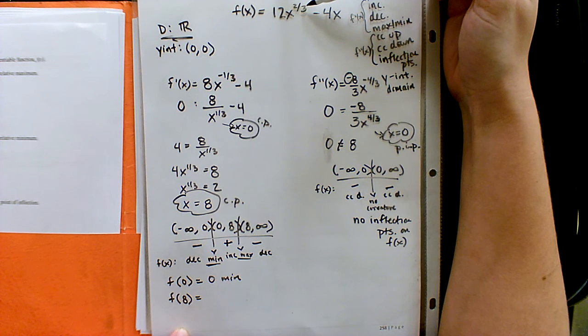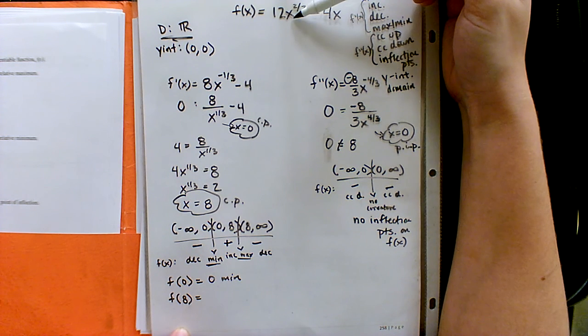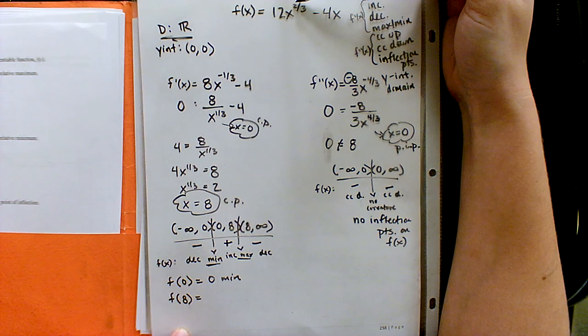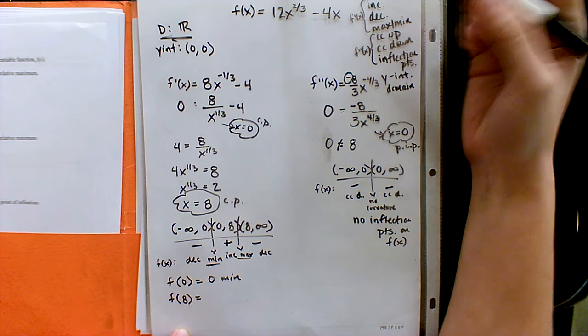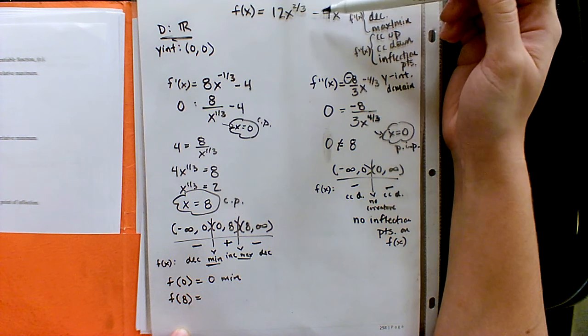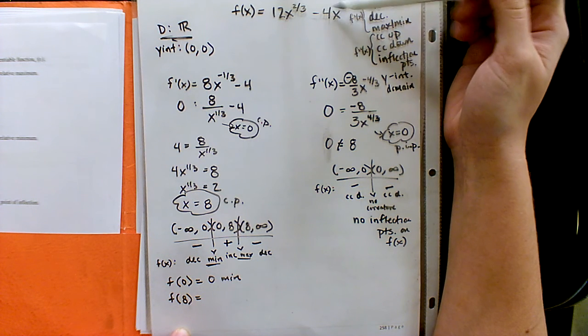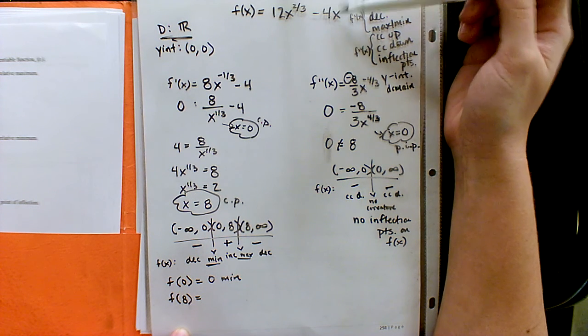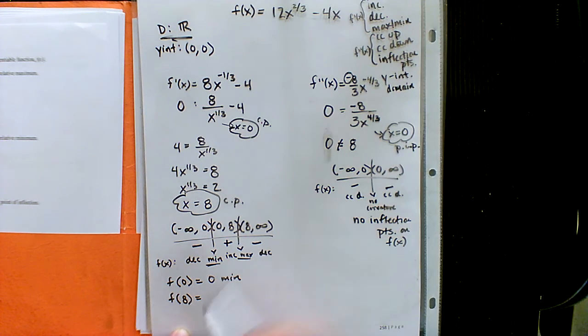The cubed root of 8 would be 2. 2 squared is 4. 12 times 4, 48. Okay, so 48 minus, if we plug in 8 here, 4 times 8, 48 minus 32? 16.